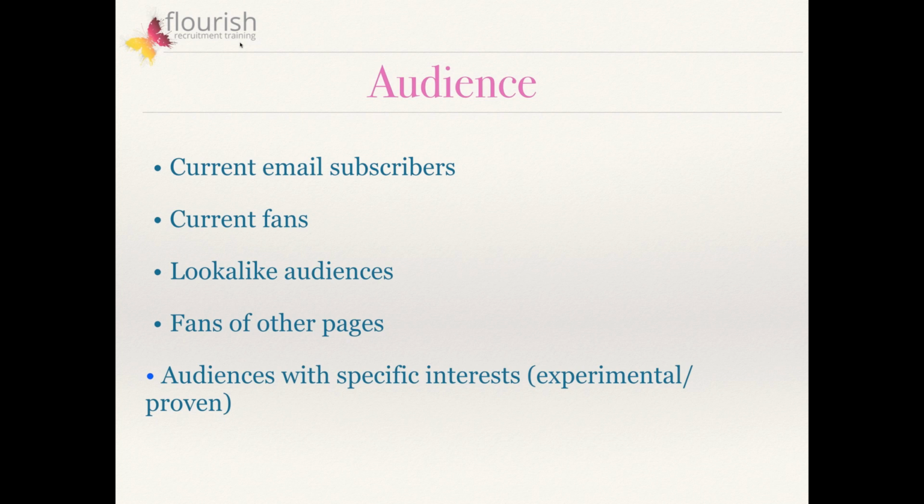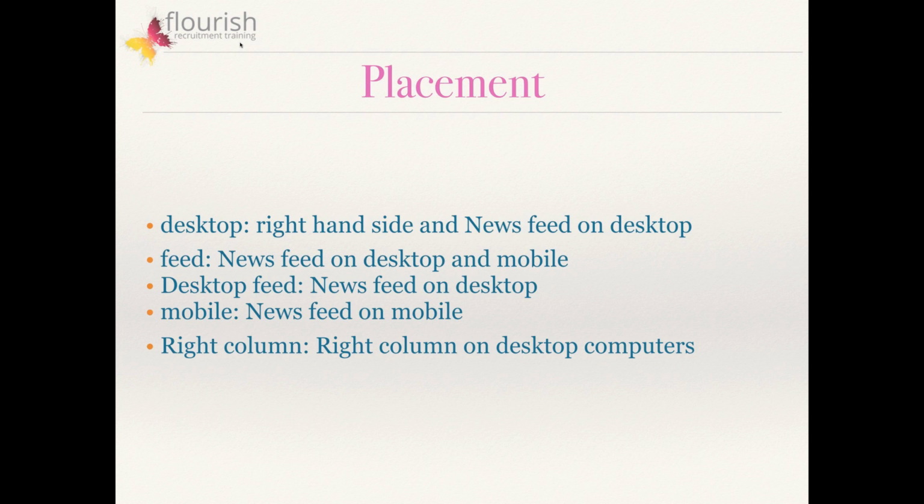I'm going to go into Facebook in a minute, actually, and have a look at some of the ads that are out there. But let's just have a look at placement. So there are several places where your ad will appear, and you can choose where to put it. The first option that Facebook will give you is your desktop, which is down the right-hand side and in your news feed on the desktop.